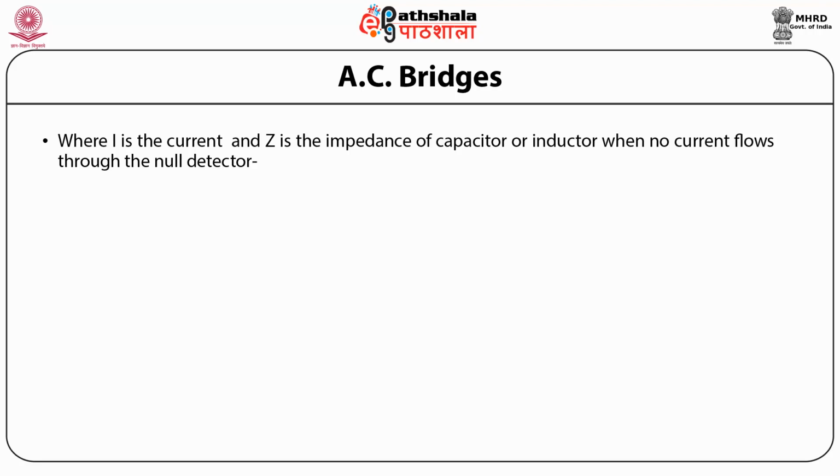When no current flows through the null detector, I3 equals I1 and I4 equals I2. Then I1 equals E divided by Z1 plus Z3. This is equation 3, and I2 equals E divided by Z2 plus Z4.